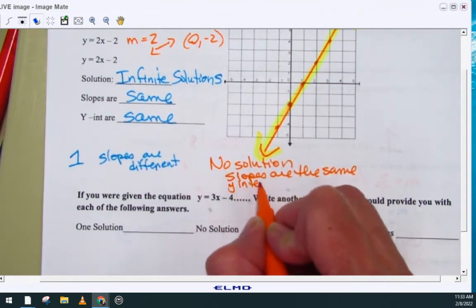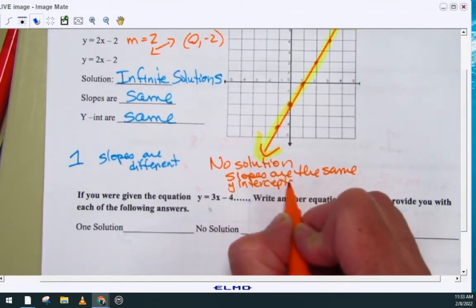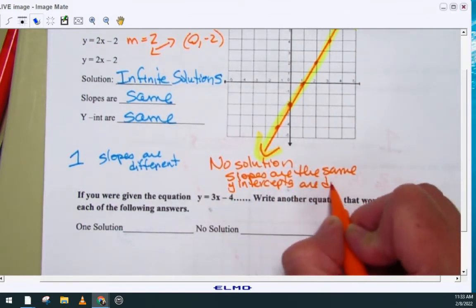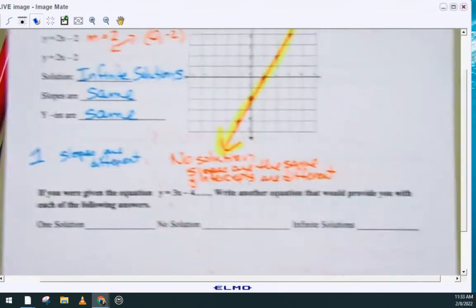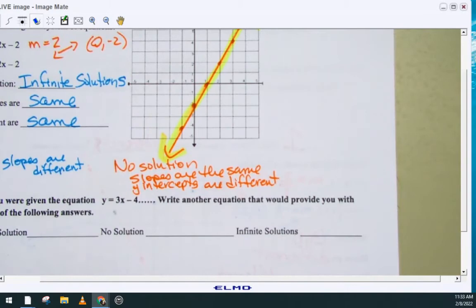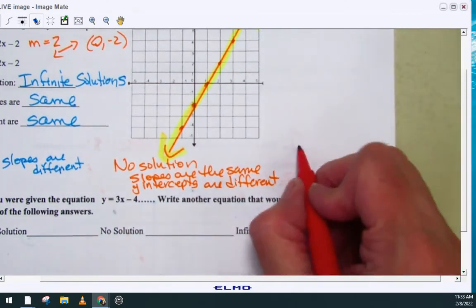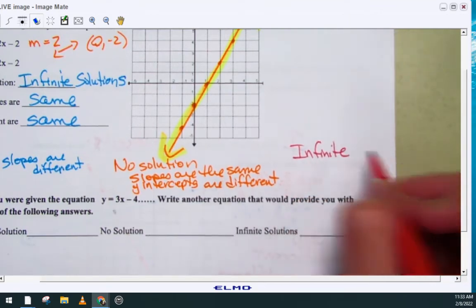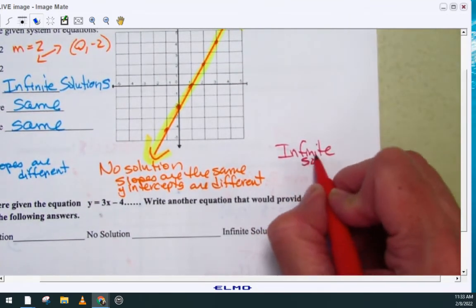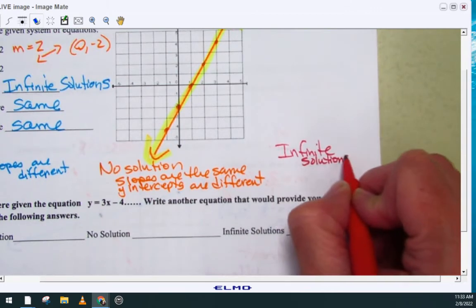The y-intercepts are different. And then last but certainly not least are infinite solutions.